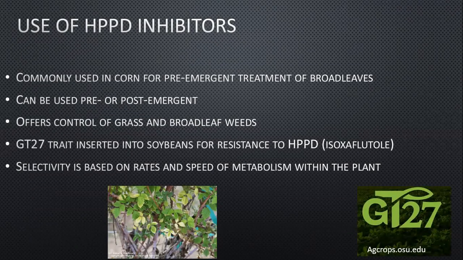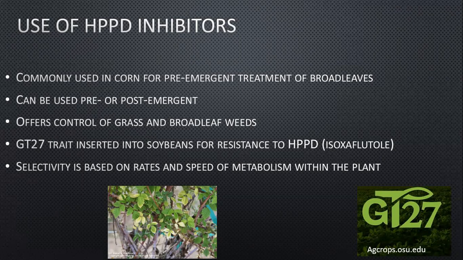So the use of these HPPD inhibitors is pretty widespread on quite a lot of different cropping systems, but it's most commonly used in the Midwest for pre-emergent control of broadleaves in corn. And as I mentioned earlier, it can be used pre or post-emergent depending on the rates.